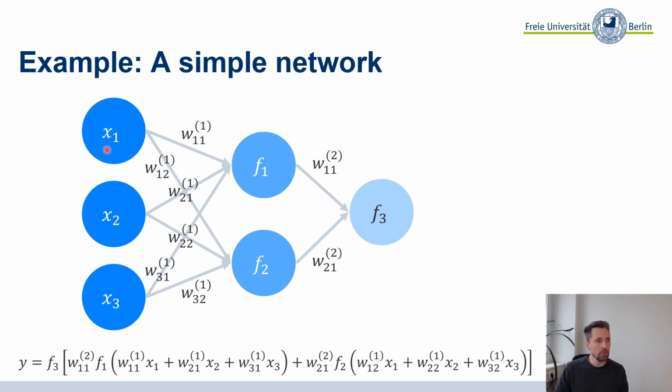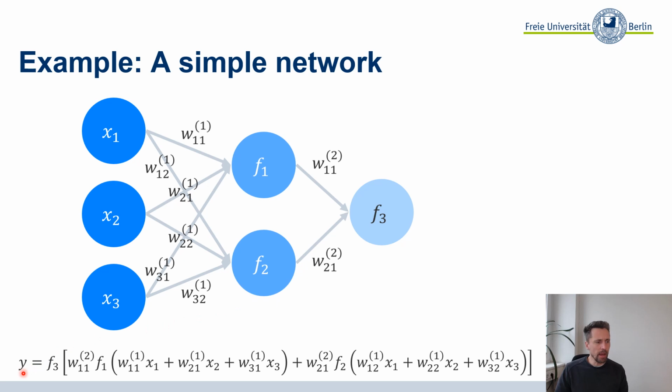W11 means the connection between unit 1 in the input layer and unit 1 in the hidden layer, right? So W12 would be this connection, W21 would be this, W22 this one, and so on. Same notation for the weights of the second layer.